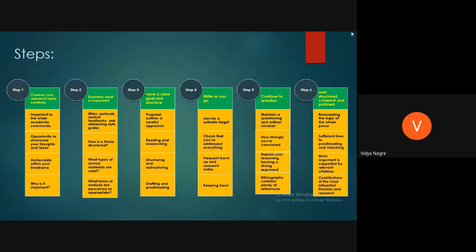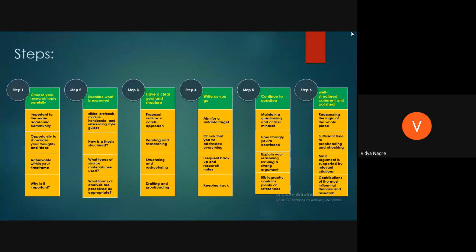Do not hurry, because once you submit your thesis, it will be there for ages with all the mistakes, and then you cannot do anything, and it will be a very poor show for yourself. You may have very good capacities, you might have done a very good job, but these grammatical mistakes or illogical orders are going to portray a very bad picture.